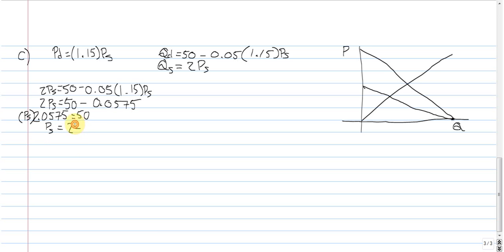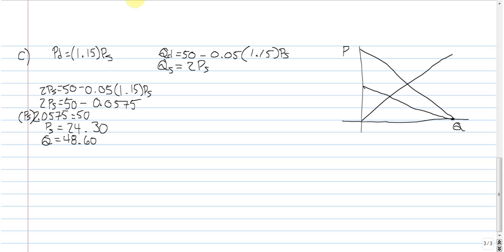Okay, so that's 24.30. Okay, and I've stated my answer in the right number of decimal places. So that's my price from the supplier, right? I can plug that into this supplier formula, and I'll get that the quantity is 48.60. Okay.